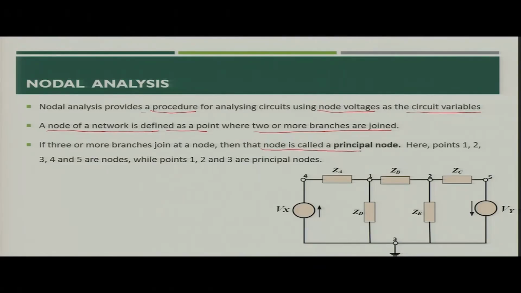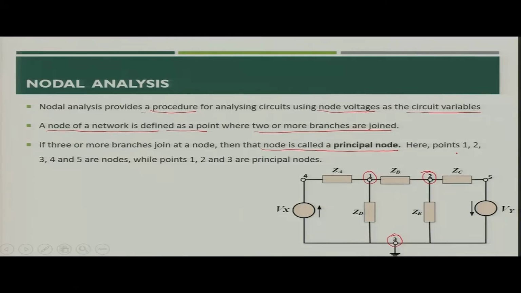It would be called a principal node, and the rest of the nodes would be called simple nodes. In this circuit, the principal nodes would be node 1, node 2 and node 3, while node 4 and node 5 are the simple nodes.